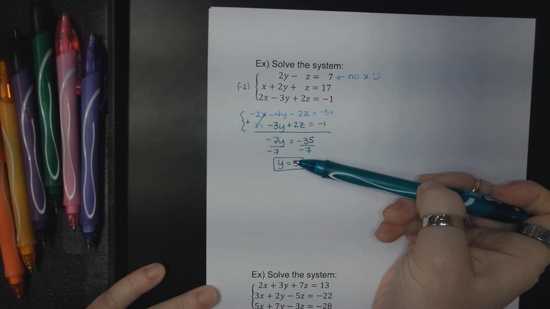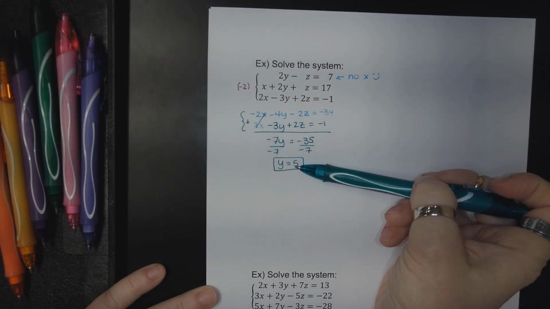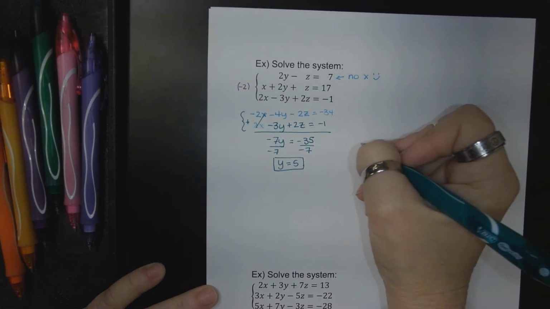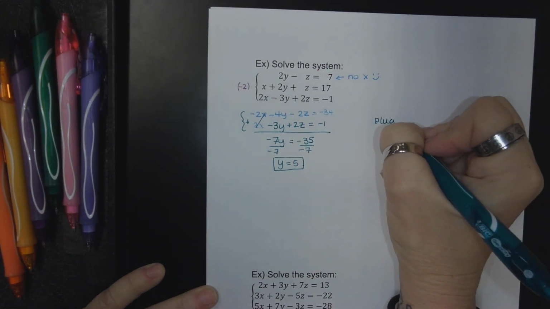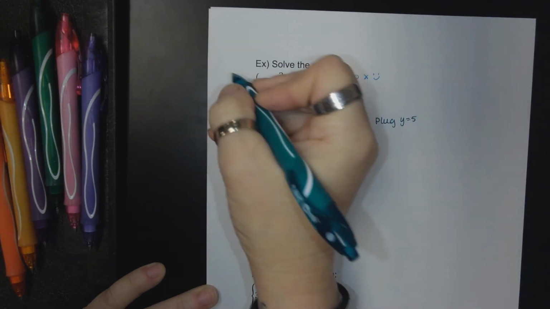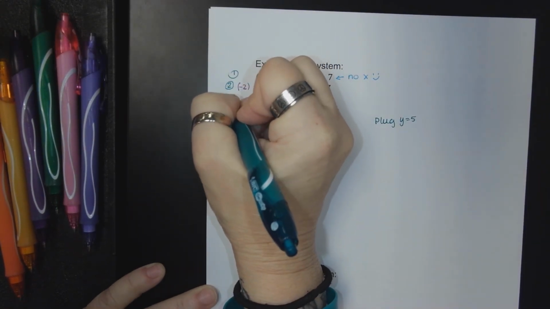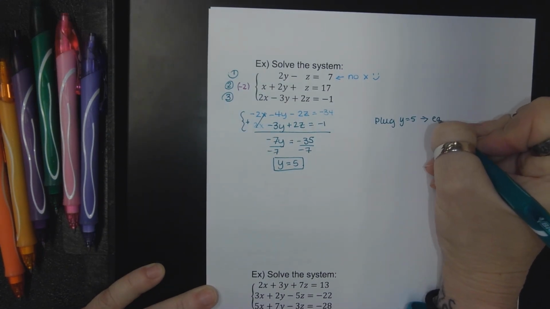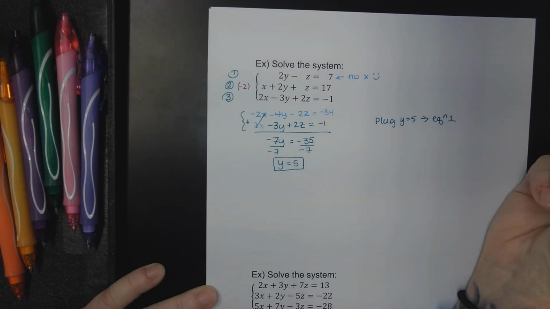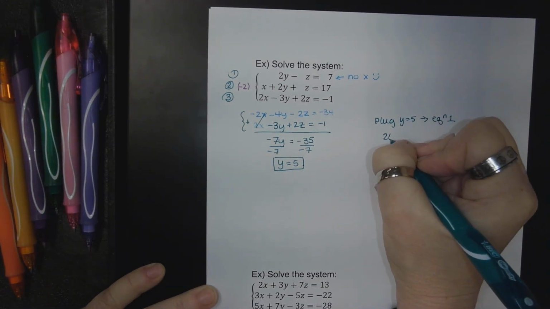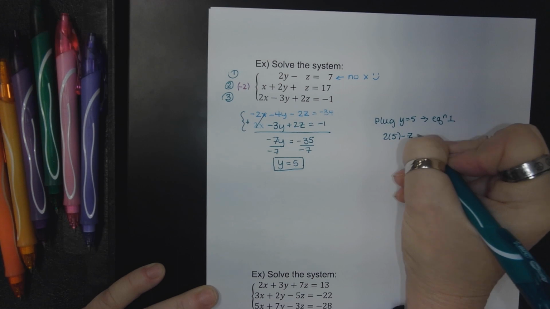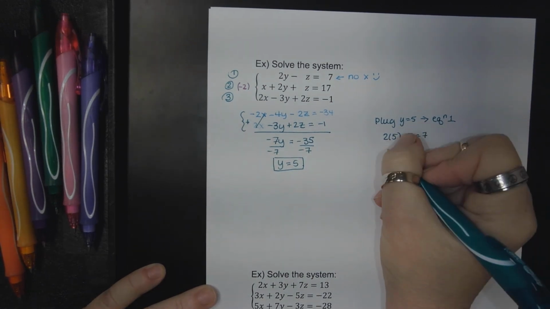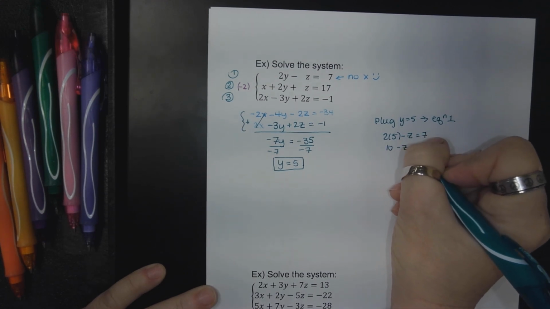So we can take this y and plug it in to this. So now we could plug y equals 5, into equation 1. So if we have 2 times 5 minus z equals 7, this is going to give us 10 minus z equals 7.